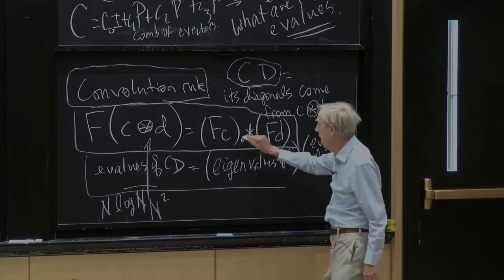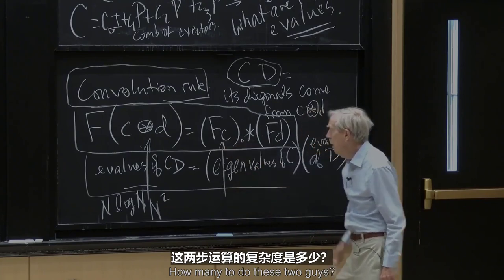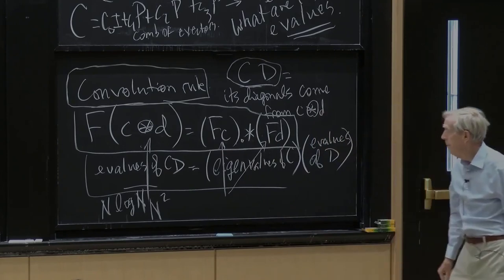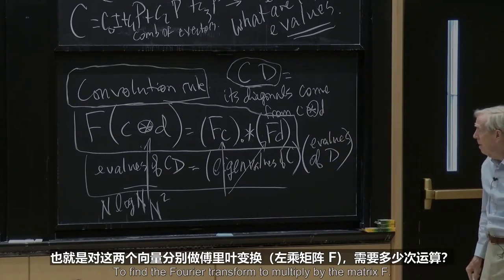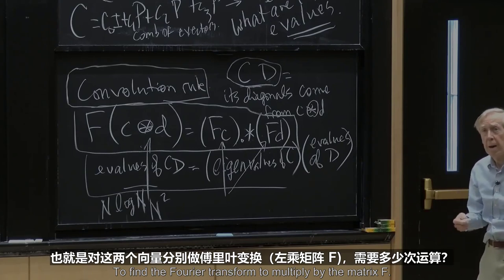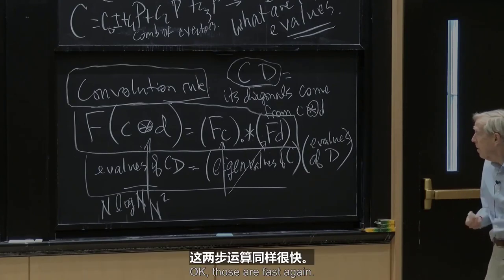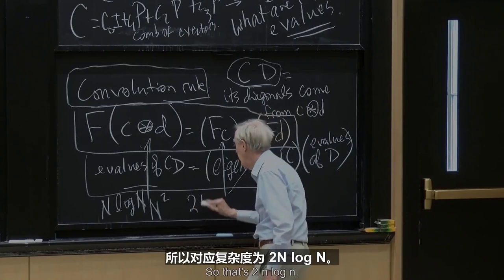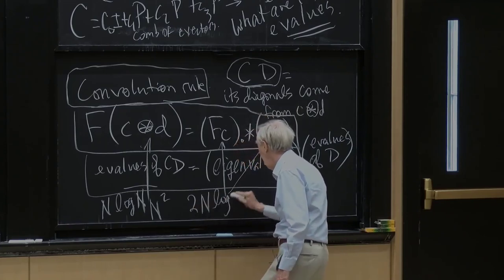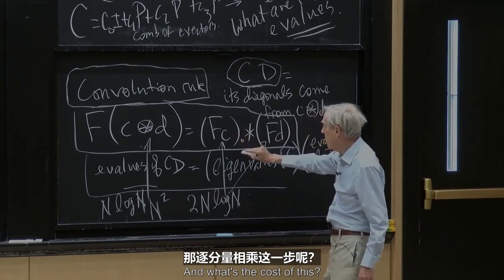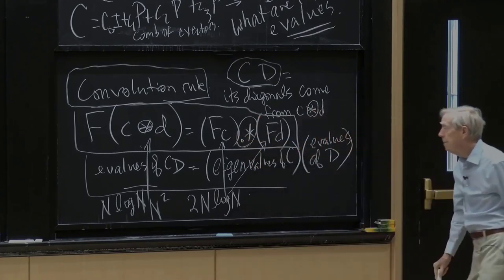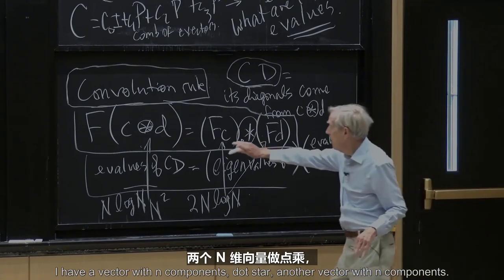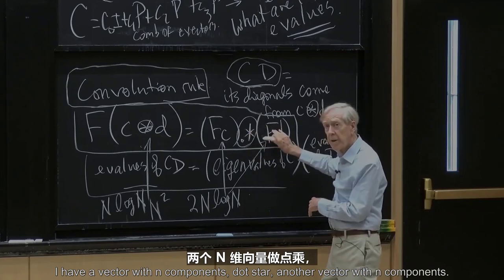What about this one? How many operations to do these two? To find the Fourier transform, to multiply by the matrix F. Okay, those are fast again. I've got two multiplications by F, so that's 2 n log n. And what's the cost of this? I have a vector with n components, dot star another vector with n components.